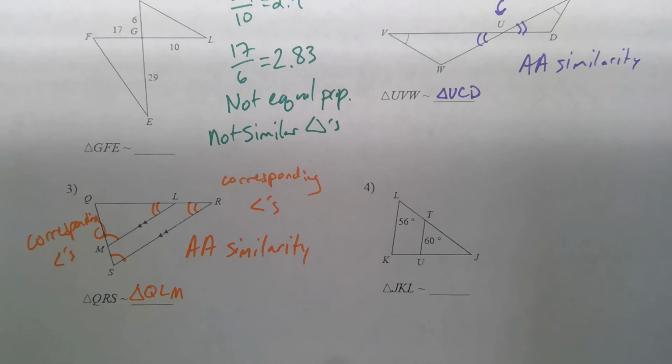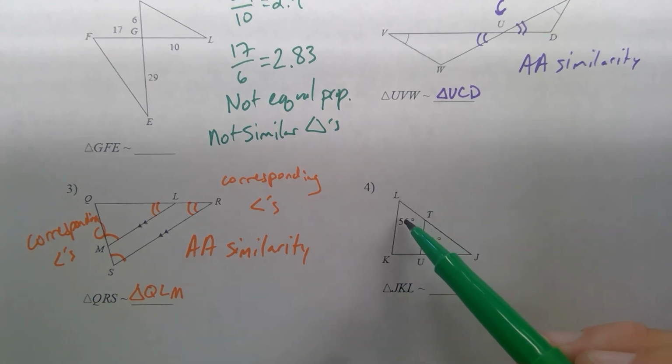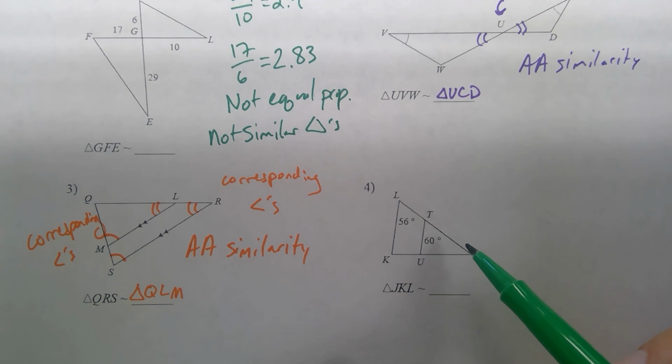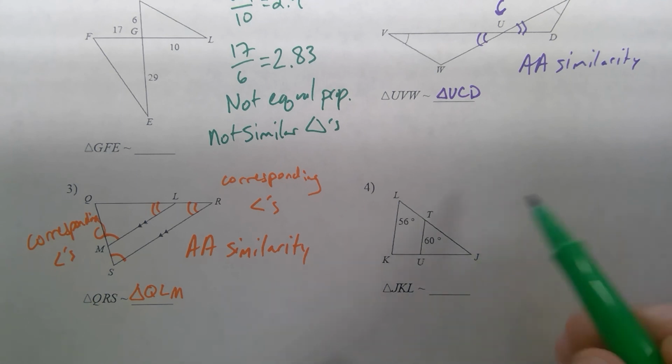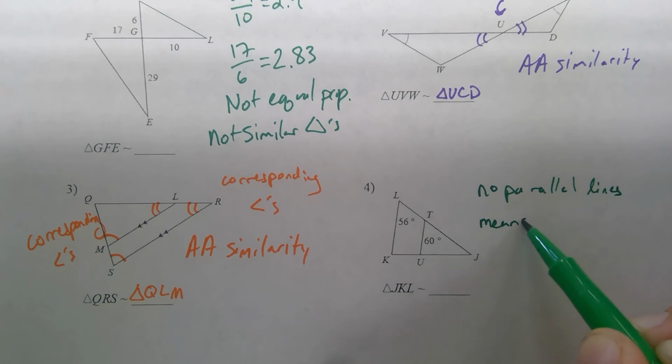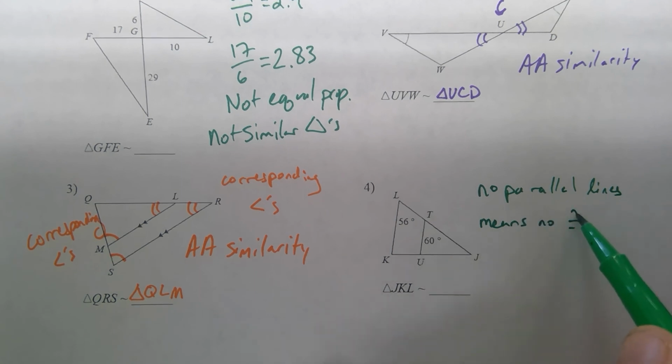Okay, we got one last problem here. What's the angle measures? So if I have 56 degrees here and 60 degrees here, I am not going to have parallel lines. Okay, so no parallel lines here means no congruent angles.